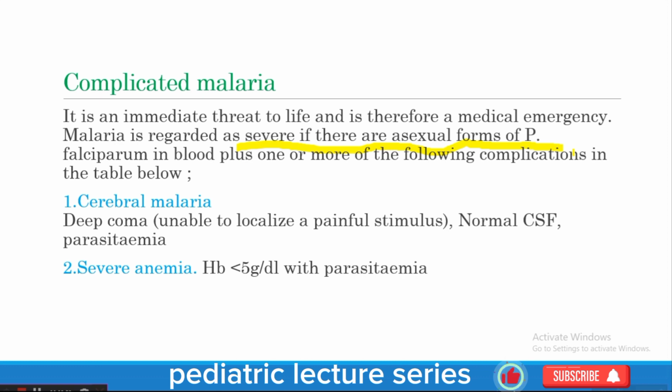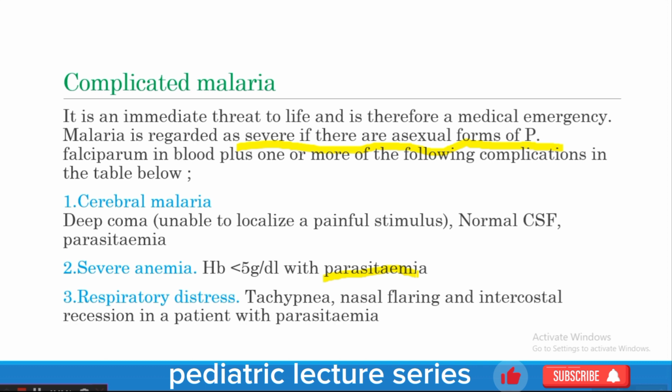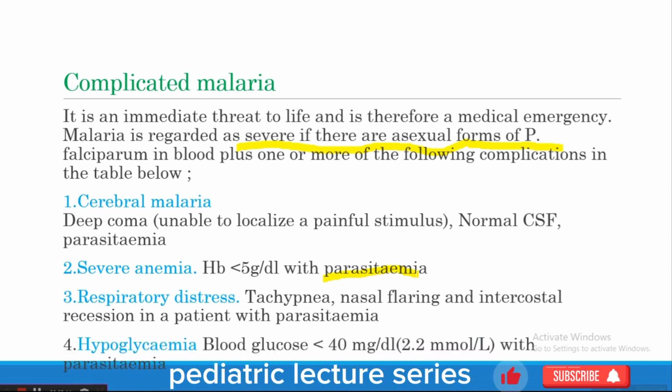You should note that we shall always say with parasitemia. Then you also have respiratory distress, that is tachypnea, nasal flaring, intercostal recession in patients with parasitemia. Then you also have hypoglycemia, that is random blood glucose of less than 40 milligrams per deciliter with parasitemia.